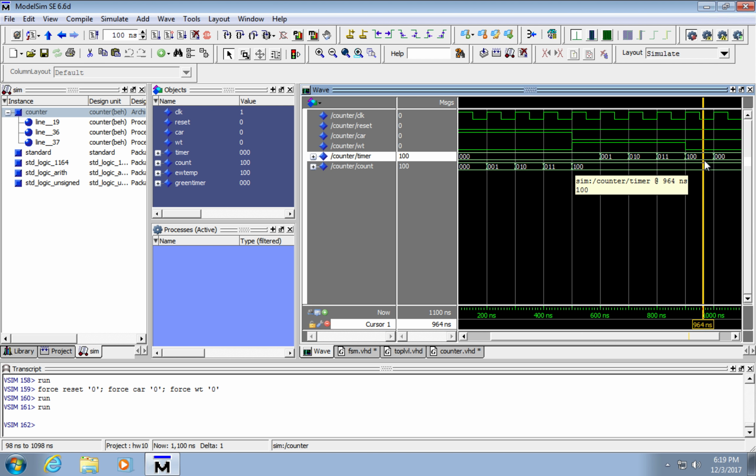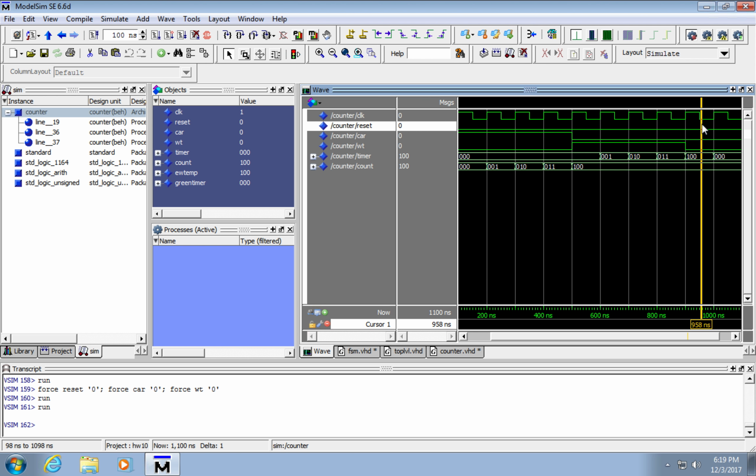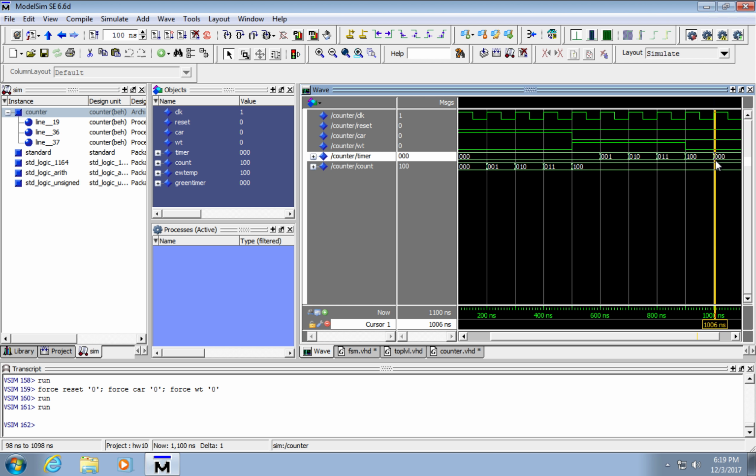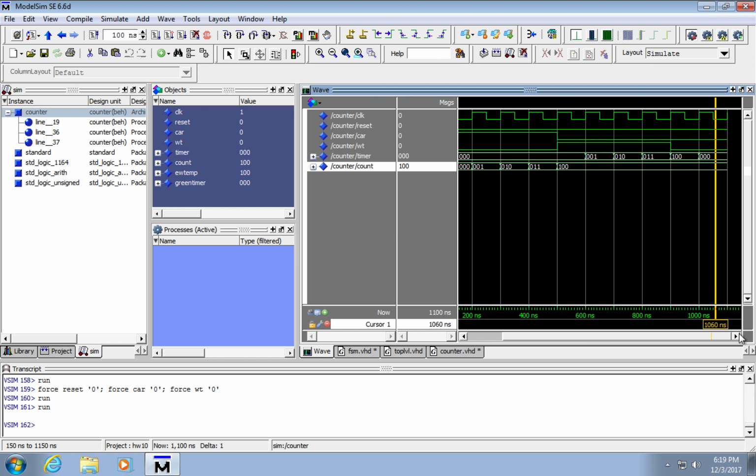At this particular clock cycle, when WT is 0 now, the timer is still 4 in this case. Then by the next clock cycle, as long as we keep WT at 0, the timer has reset itself to 0, and count is still 4. And that is all.